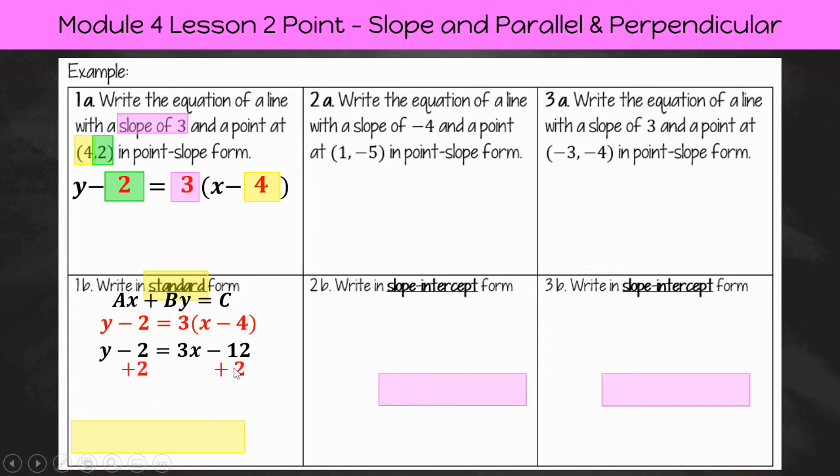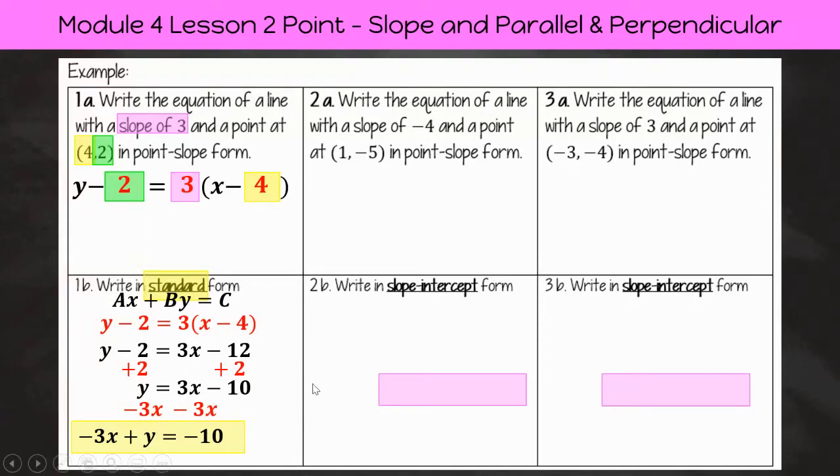So I'm going to add 2 to both sides so that I get all of my constants on the right. So I get y is equal to 3x minus 10. Now I still have this x value here, and I need to move it to the left side of the equal sign. I'm going to do that by subtracting 3x from both sides. So now I have the equation negative 3x plus y is equal to negative 10. And now I've taken an equation that's in point slope form and transferred it to standard form.